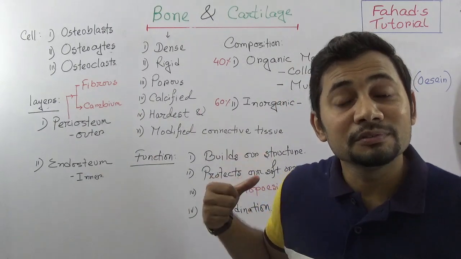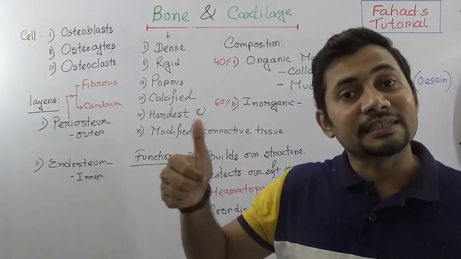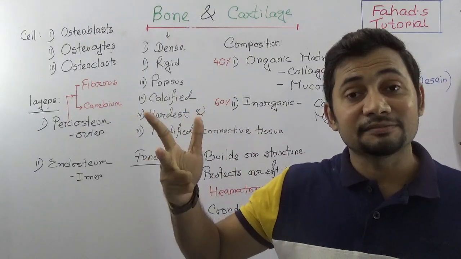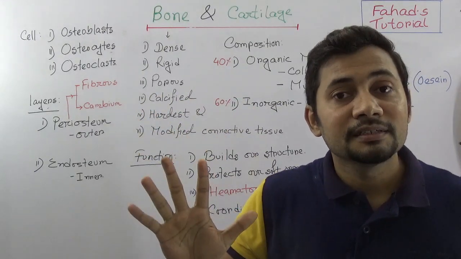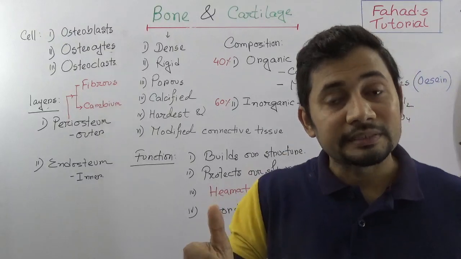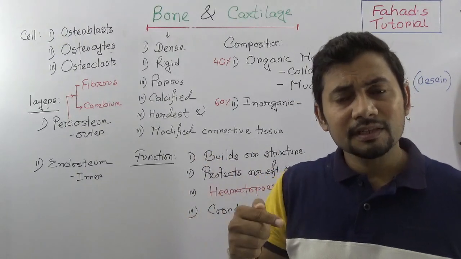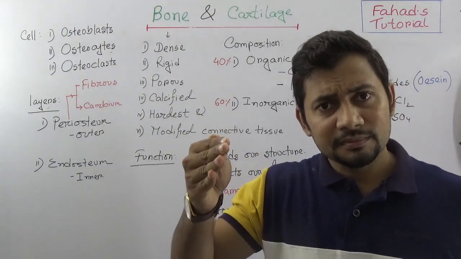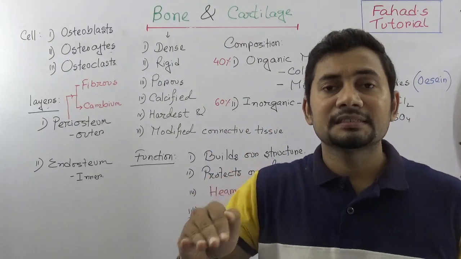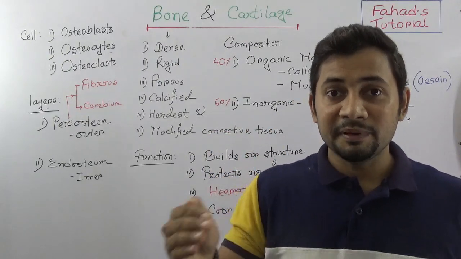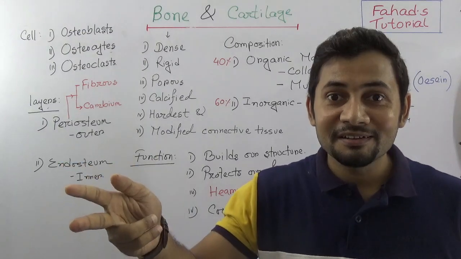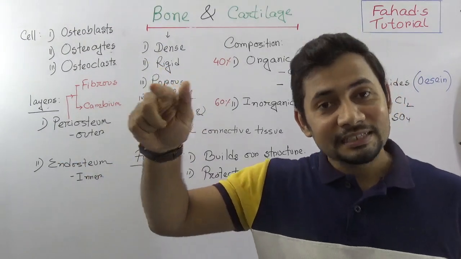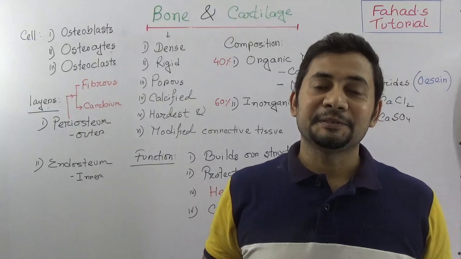So in case of bones, we will define it as a dense, rigid, calcified, hardest and modified connective tissue. We know the layers of bones: periosteum, and another layer inside, endosteum. The periosteum has two more layers, fibrous outside and cambium inside.